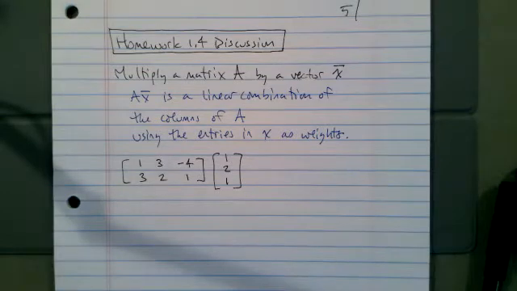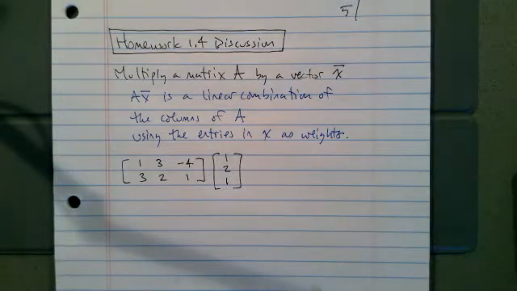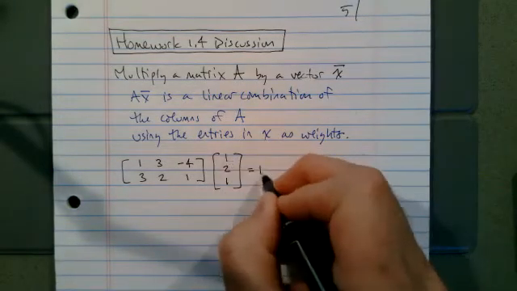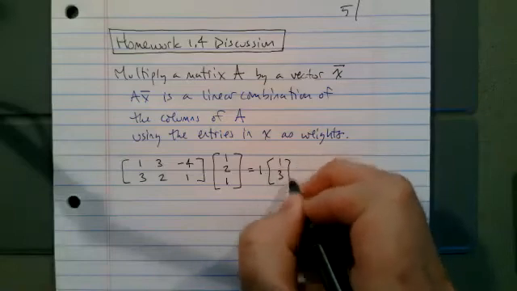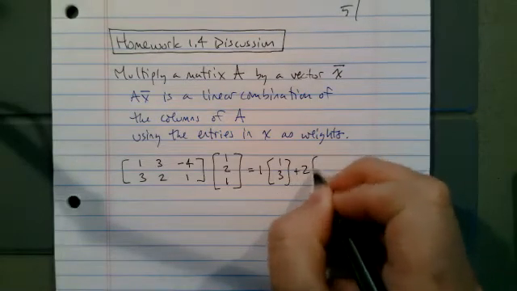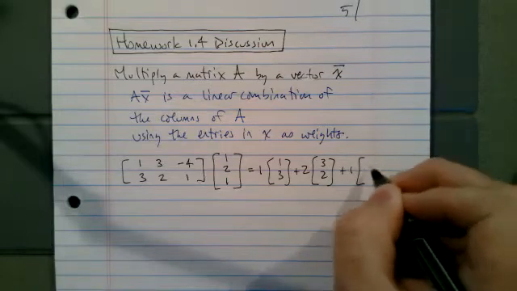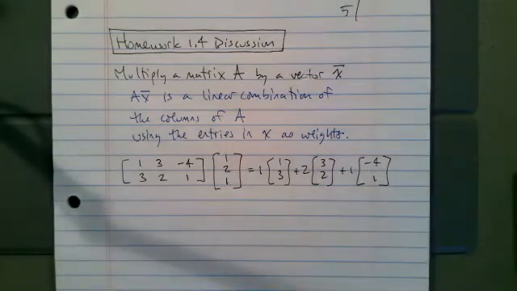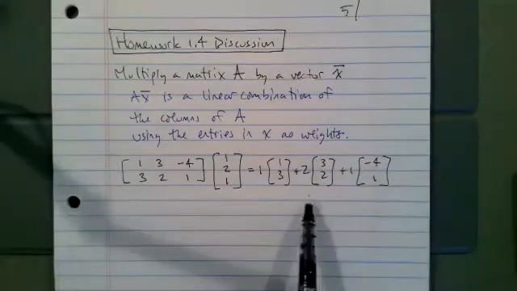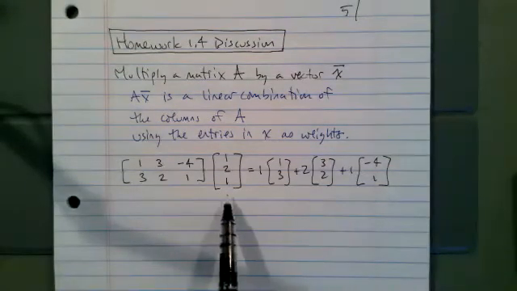I'll take 1 times the first column, 1, 3, plus 2 times the second column, which is 3, 2, plus negative 1 times the third column, which is negative 4, 1. I'm making a linear combination of the columns of A using the entries in X as weights.